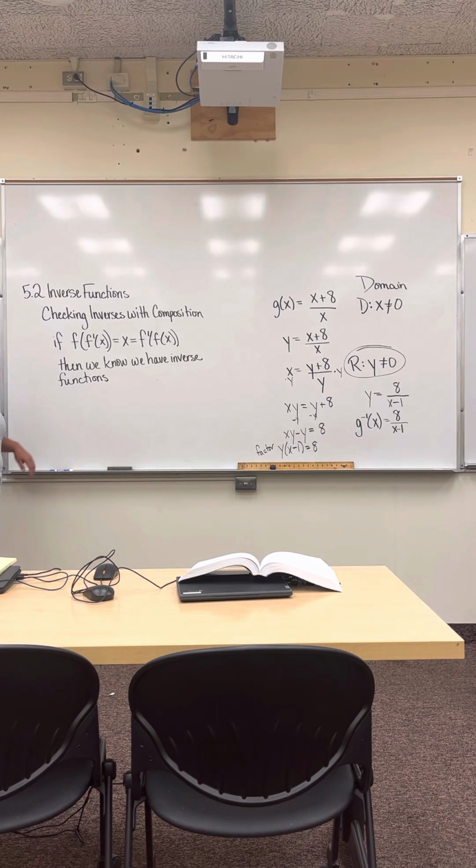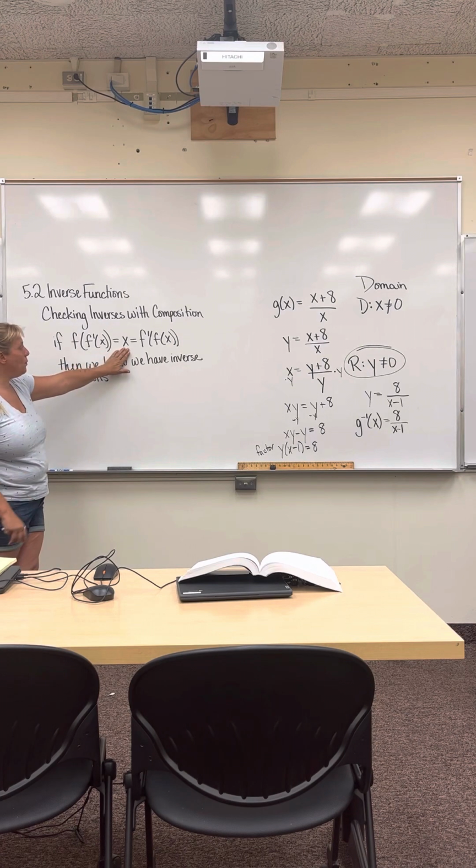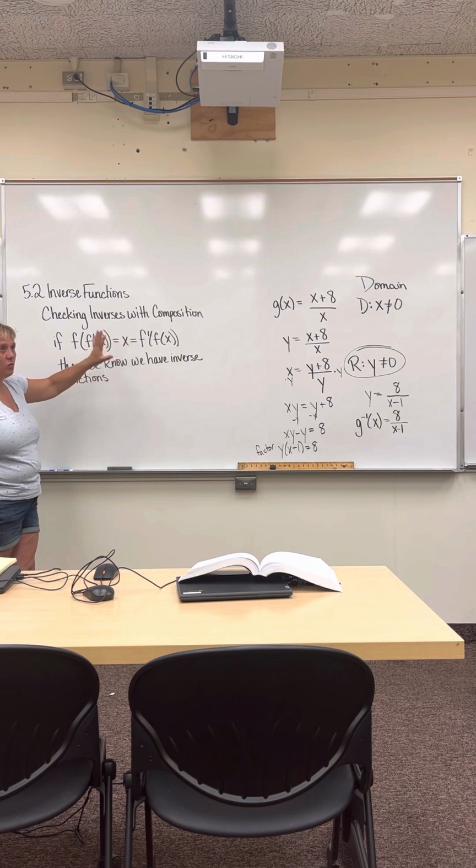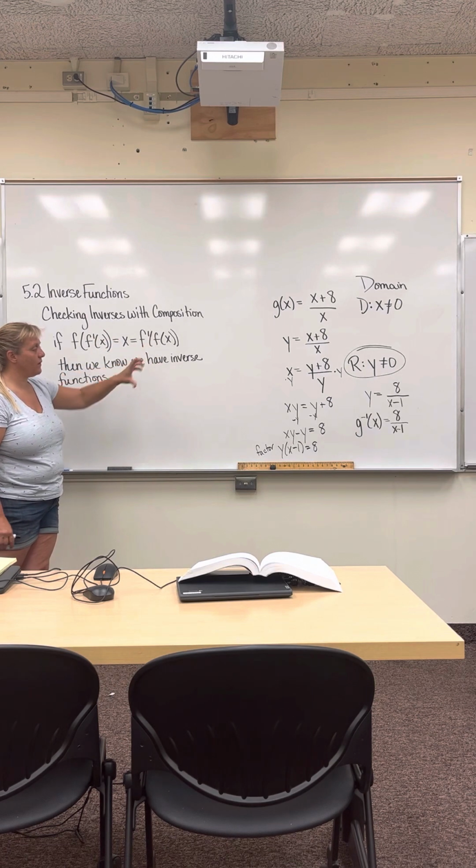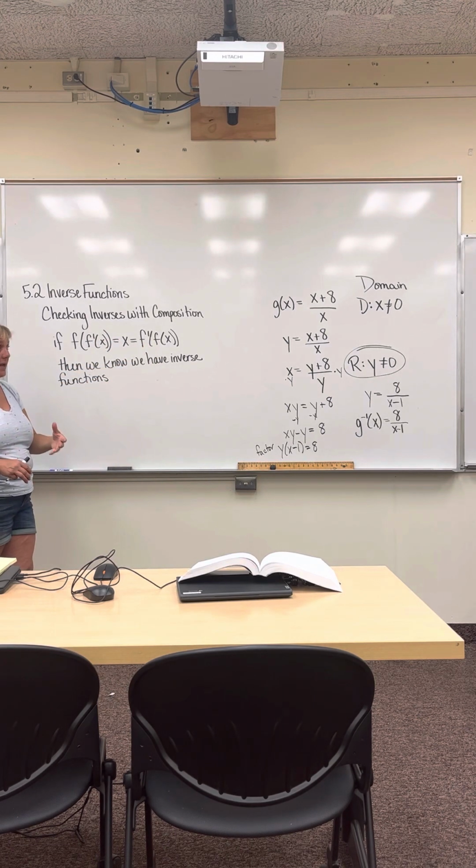Okay, so it's a composition situation. If we plug one function into the other function, and then we do some math, and what we're hoping the answer ends up being is x, then we're looking good. But the other thing is we've got to do the composition both ways.